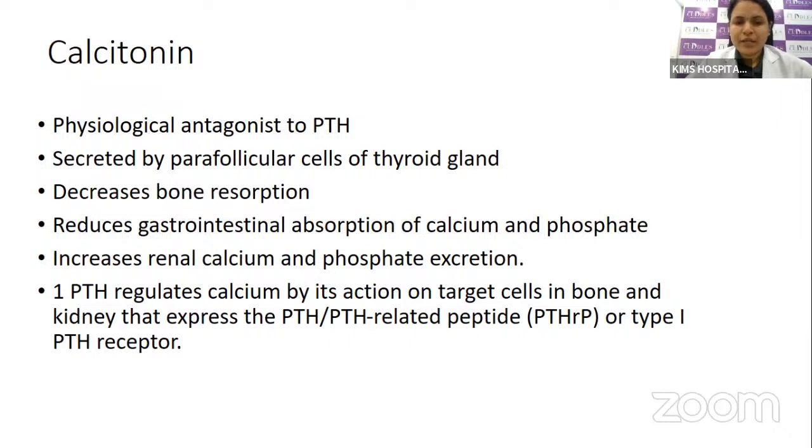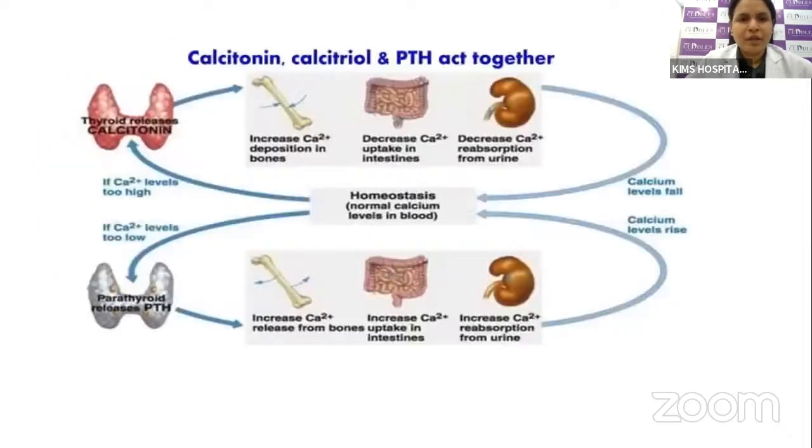So PTH regulates calcium by its action on the target cells in bone and kidney. We already discussed this by cells that express the PTH-related peptide. So effectively in the body, the calcitonin and PTH, which have diametrically opposite actions, as well as calcitriol or active vitamin D, all act together.